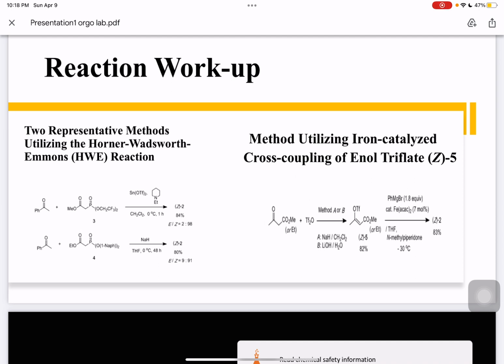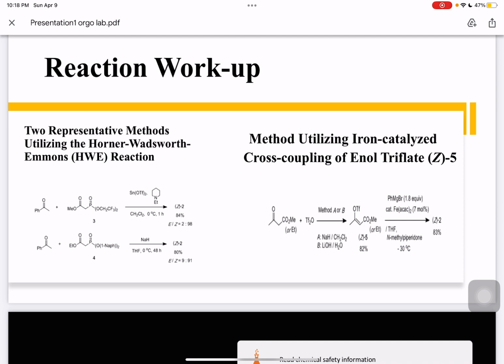So here for the two representative methods utilizing the Horner-Wadsworth-Emmons reaction, we're seeing that the first reaction has like an E:Z 2:98 ratio.